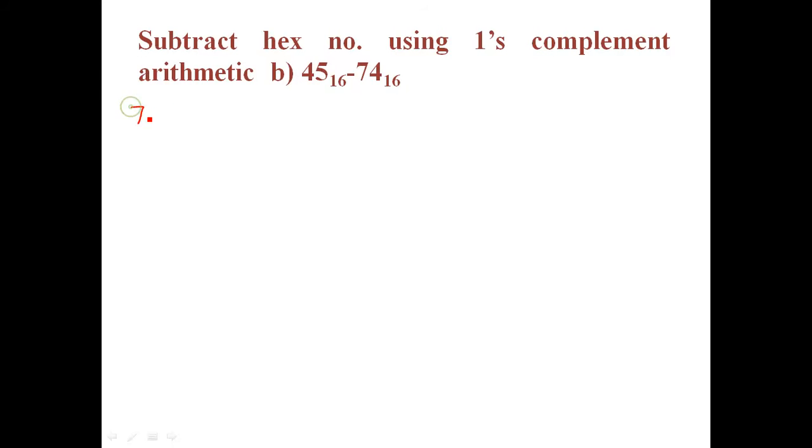So 74 in binary will be equal to 0111 0100.